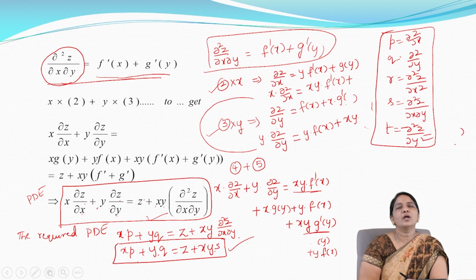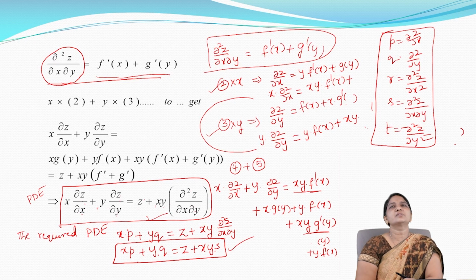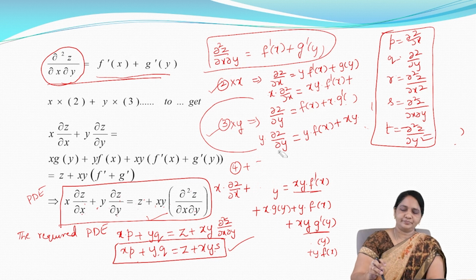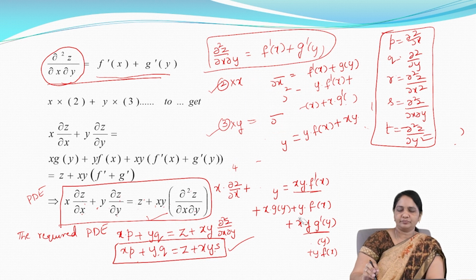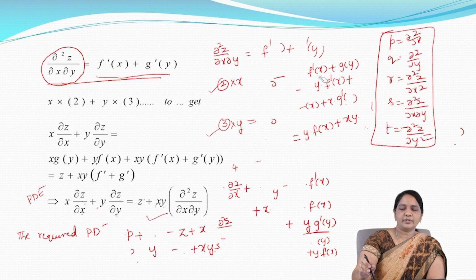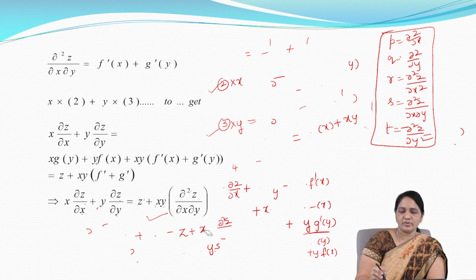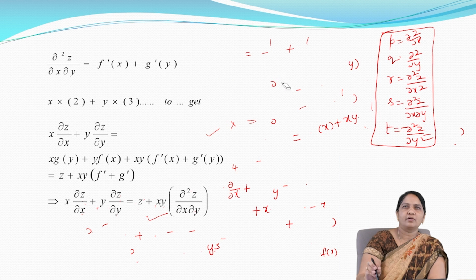So this is the way to eliminate the arbitrary functions from the given equation by using this type of simplifications. I thought that you are getting better clarity about eliminating arbitrary functions and arbitrary constants from the given equation.